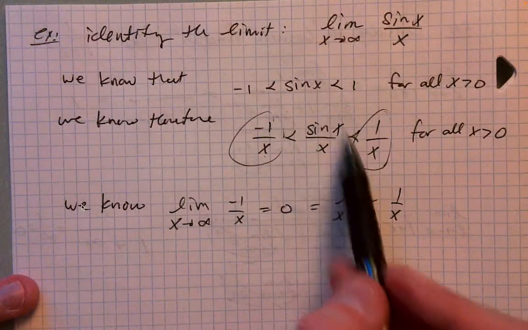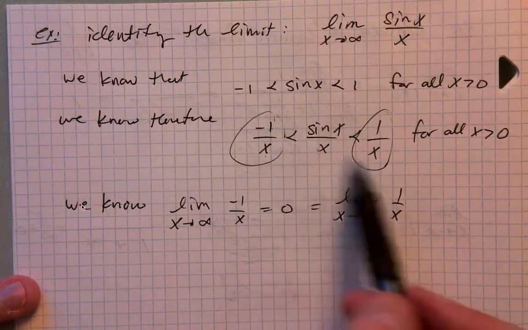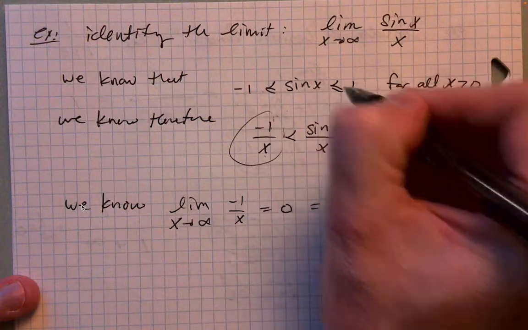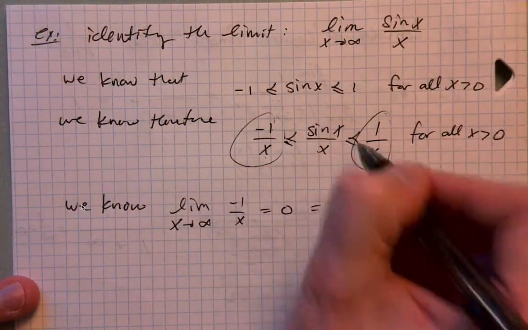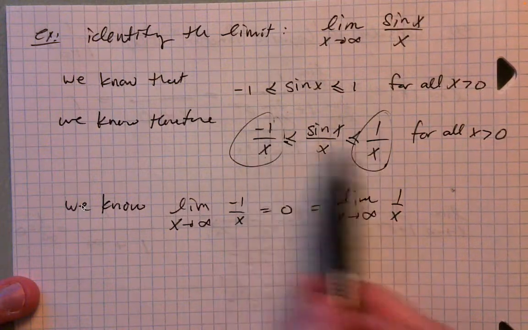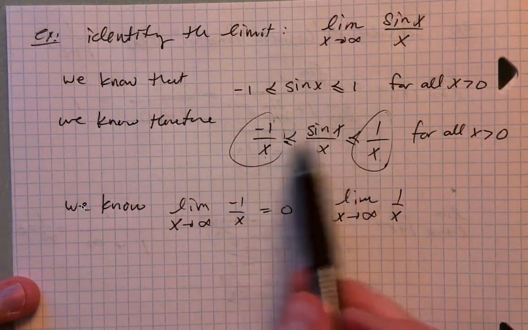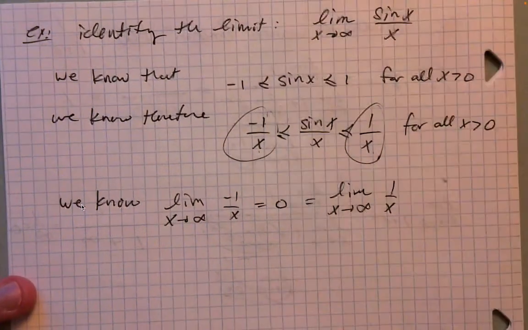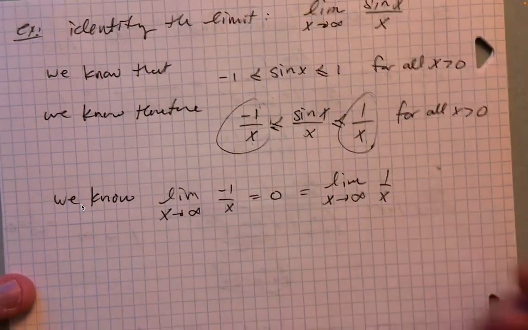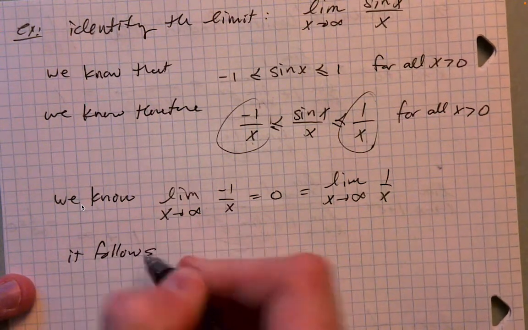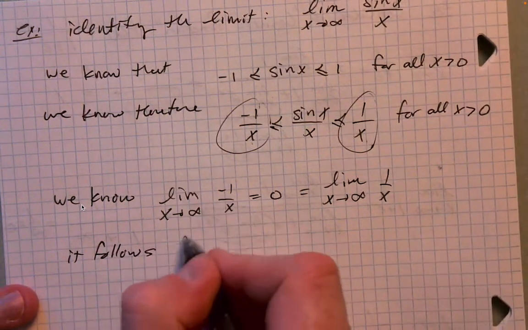Now, if sine of x over x is between these two values, sandwiched between these two values for all x, then it follows, using the, what do we call it? The squeeze theorem, right?